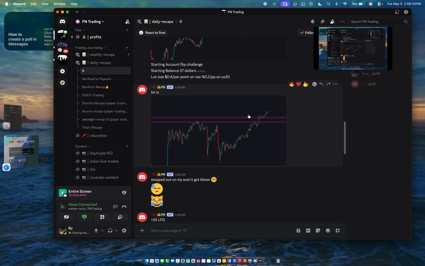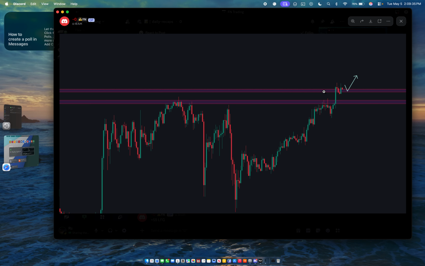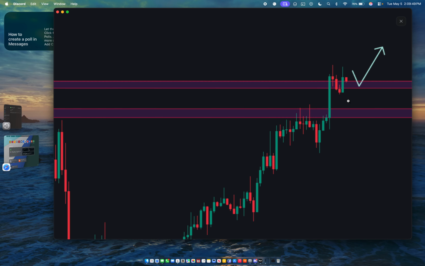So the top purple zone, okay, that was my entry. Typically when you have these massive candles push up and come back down, we came down to here. And then with the next big candle up, we push back up.